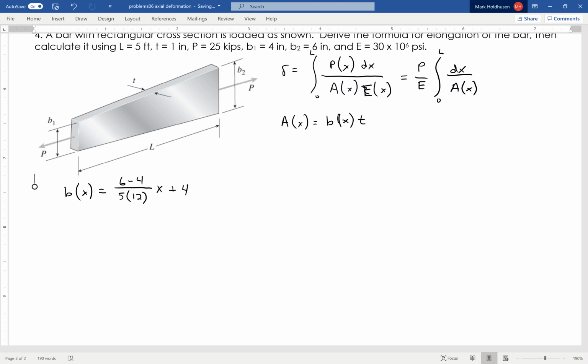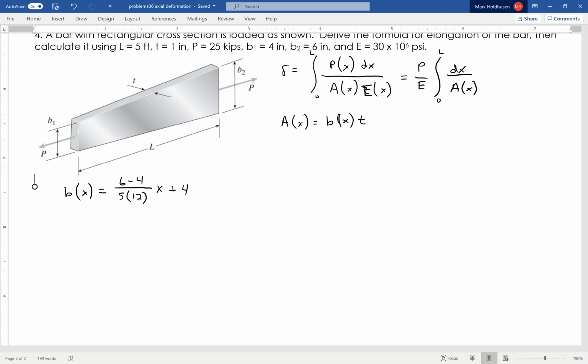When x is 60, or 5 feet, I'm left with 2 on that left term, and I get 6, because 60 divided by 60 goes away, so then it's just 6 minus 4, which is 2. So it's basically just a linear equation here. I just find the rise, find that slope, find the y-intercept, or that initial condition of 4, and move on like that.